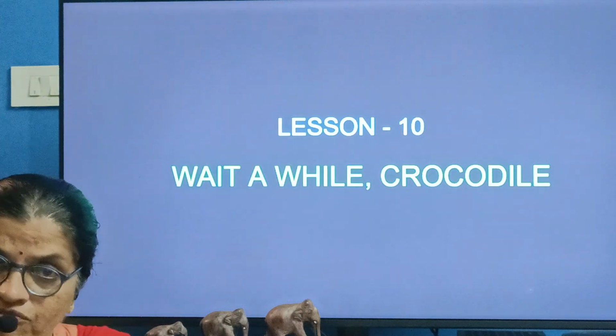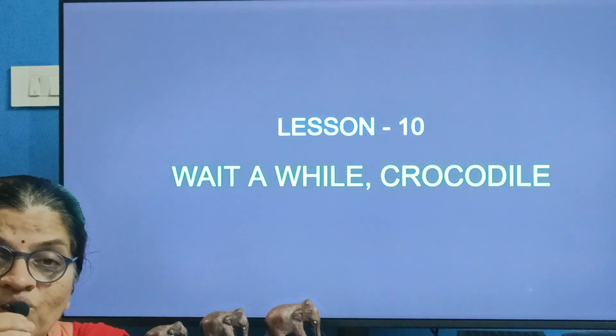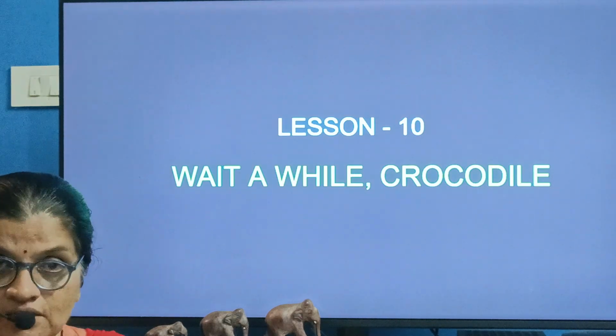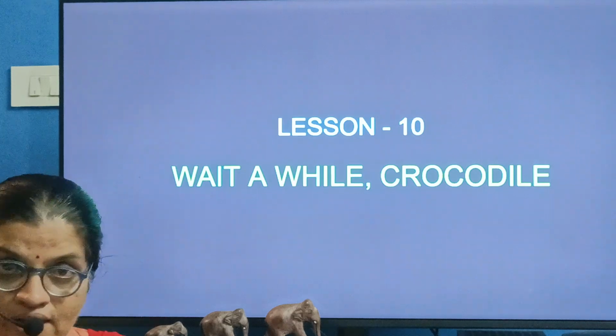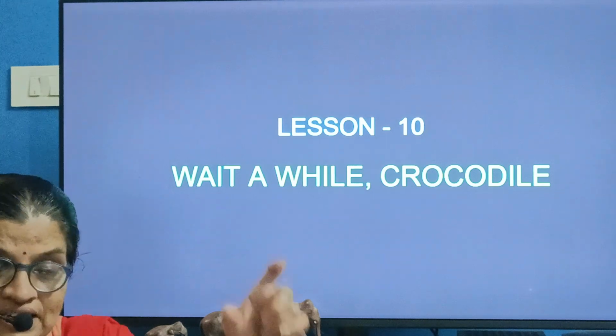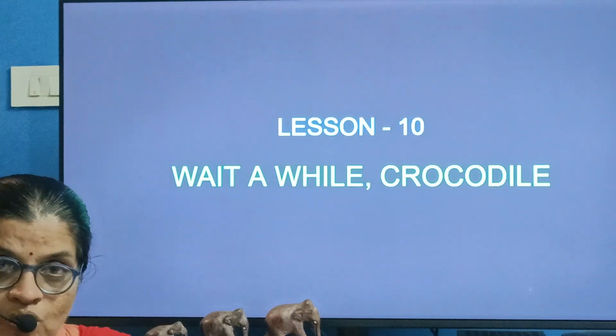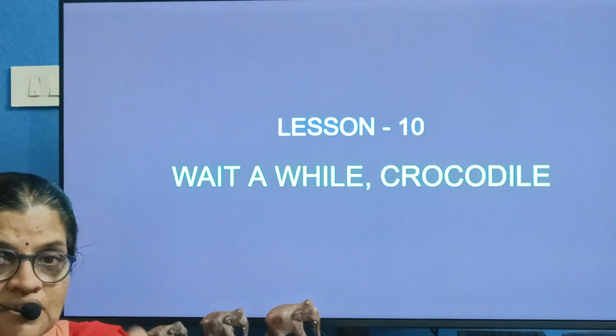What is the meaning of ripple? R-I-P-P-L-E. Ripple means small waves. We can't understand where the crocodile is. That is why in some rivers, if you go there, they will tell us there is a dangerous place, don't get into that water because there is a crocodile.